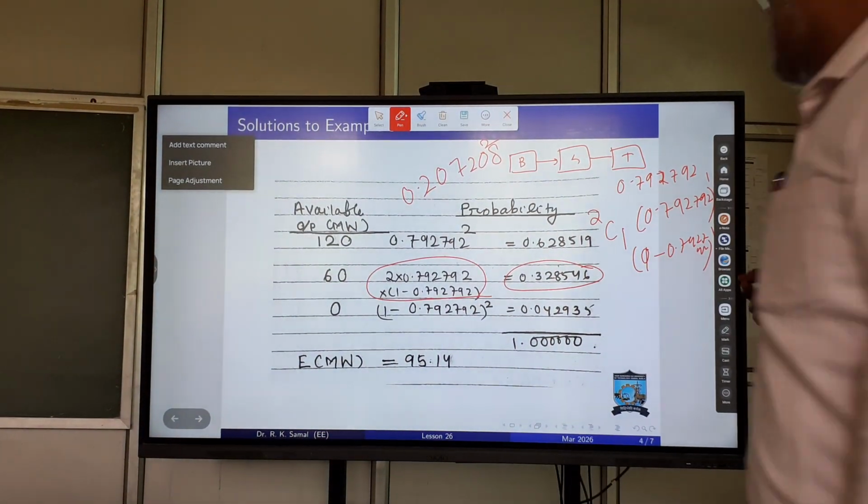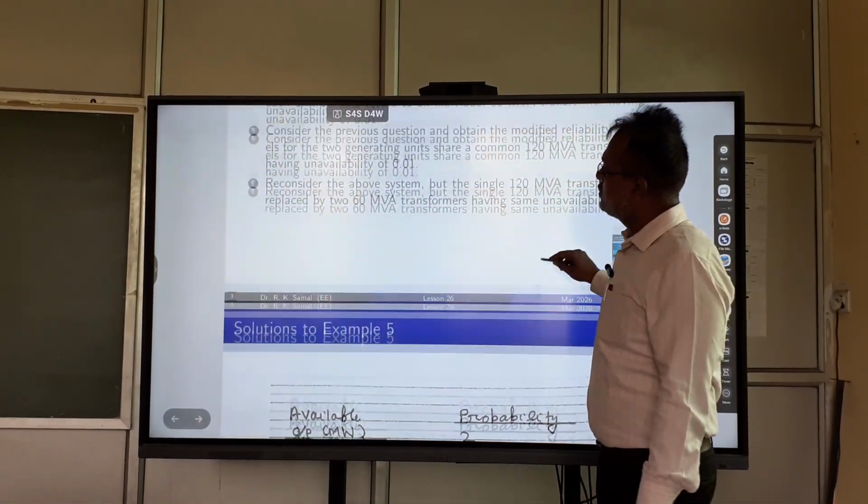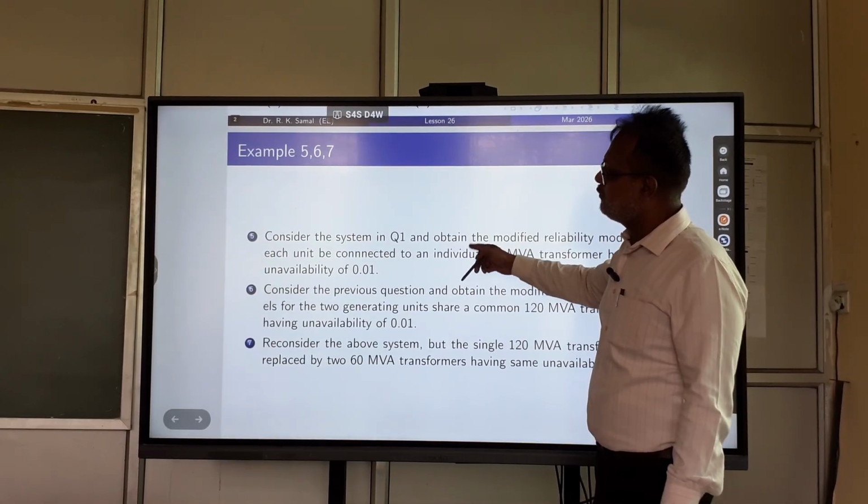Which is the last case, 0.0429. So this is the answer to this question, first example 5.